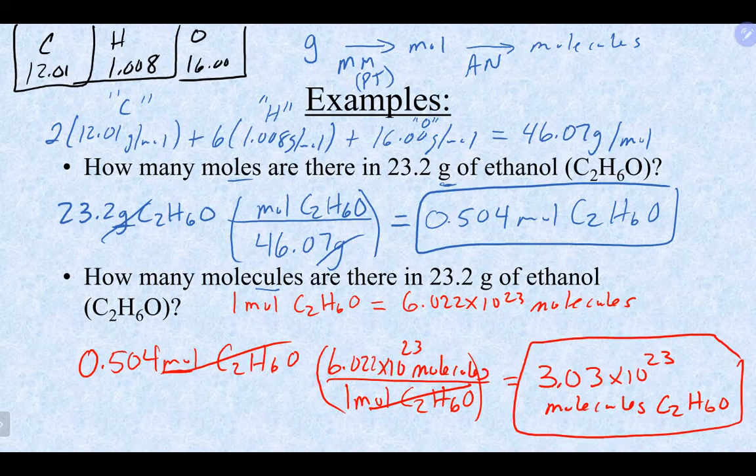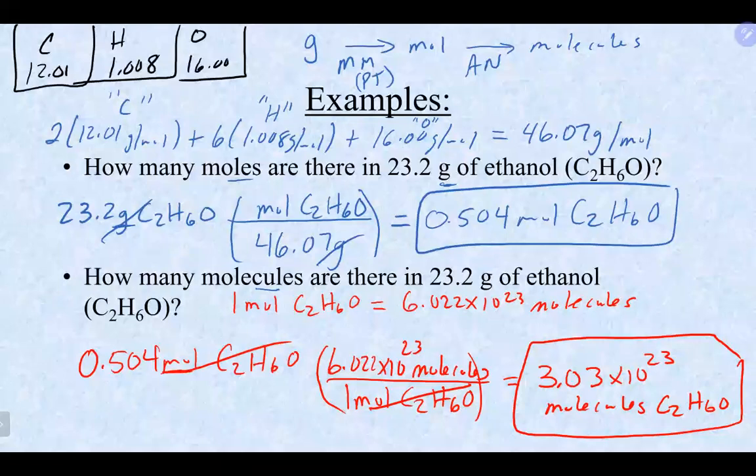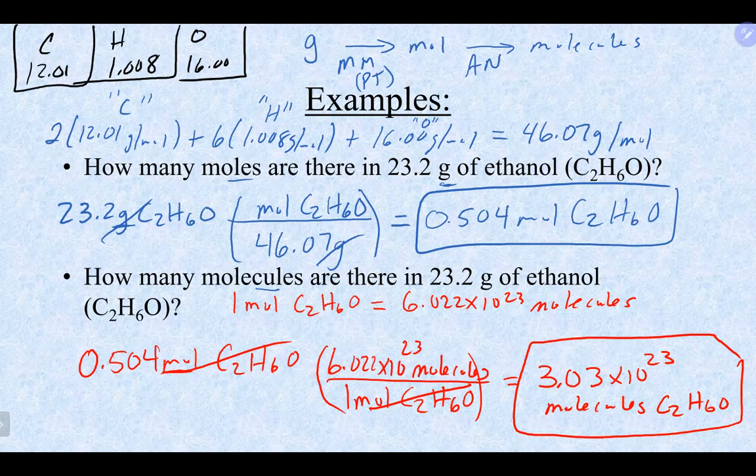Clearly, if we were just going straight from grams to molecules, we could just bunch the calculation together and continue on. Just for calculation purposes, even though I did round the first answer, I kept the whole number on my calculator and continued on for the second part of the question. And again, as we talked about, if you do get a number and then continue on, you don't want to round too much, but in this case, we had to give the answer, so we had to do a little bit of rounding. Any questions on that there?